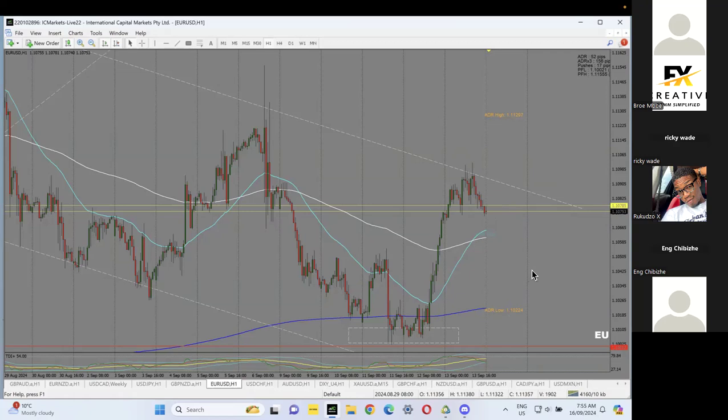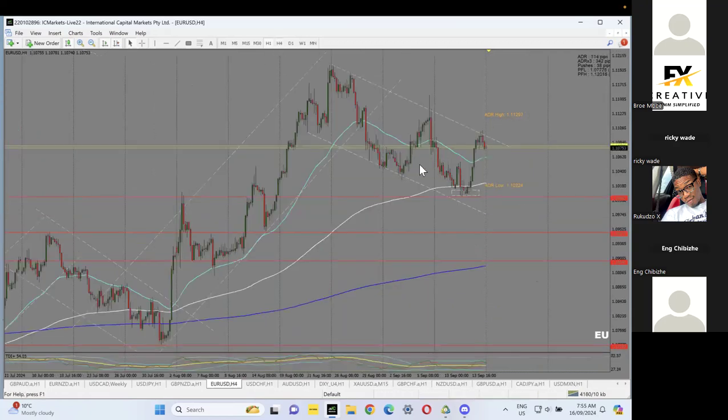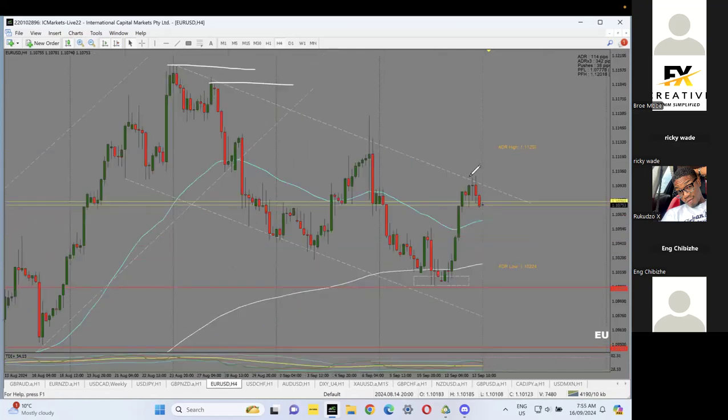That's a possibility too. So keep your options open, but based on the price action that we can see at the moment, we are only witnessing the market forming lower lows and higher lows.